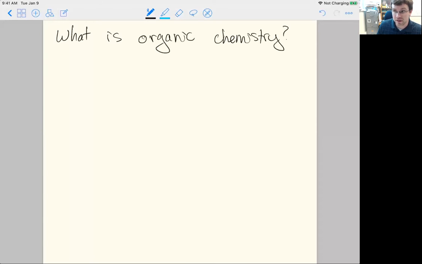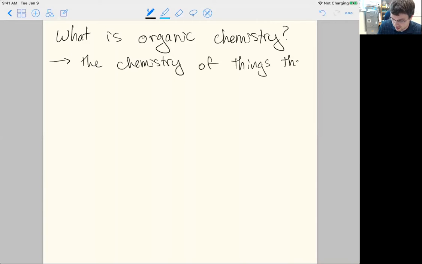It's actually a fairly complicated answer, but we'll start simple and just leave it simple for a while. It's the chemistry of things that have the element carbon.